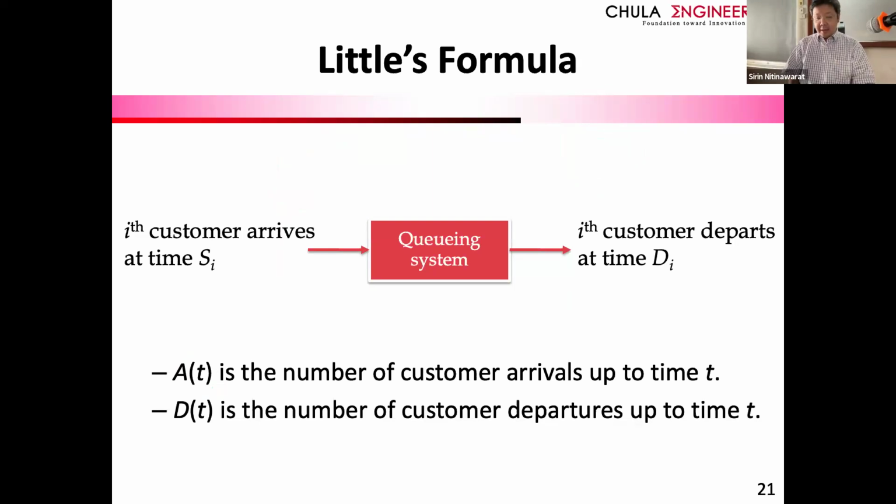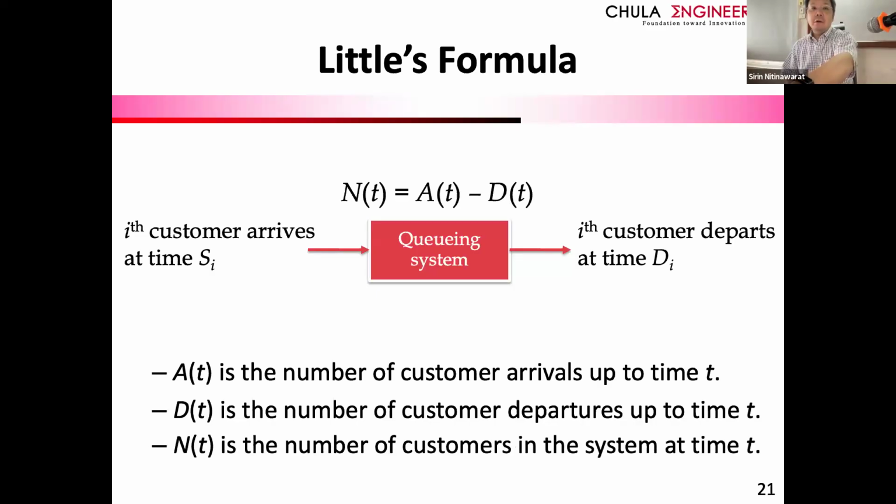If I say A(10), A(10) would be how many customers have arrived by 10 seconds, and D(10) would be how many customers have left by 10 seconds. What do you think is larger? Arrival, right? Because the number of departures cannot be larger than the number of arrivals.